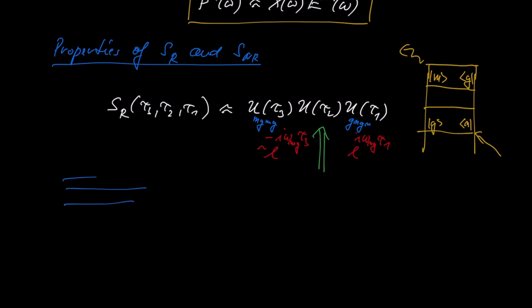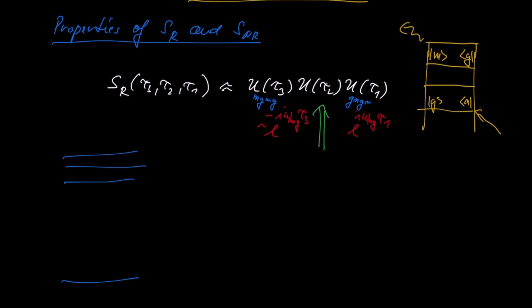So I have this situation, I have a bunch of excited states, I have optical frequency omega, on which these two exponentials oscillate, and then I have the middle U tau 2, which does not oscillate at all when it comes to population of one state, or oscillates with a much slower frequency when it comes to coherence between the two excited states.